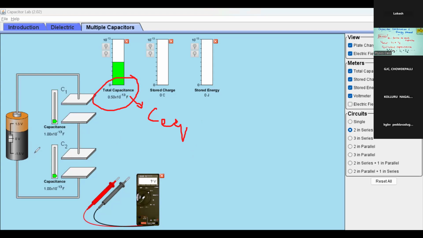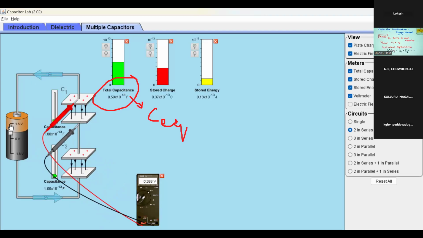So C is 0.5 into 10 power minus 13 farad. And then voltage. We can check the voltage by using this voltmeter. For example, we can choose 1.5 volt as the battery voltage.